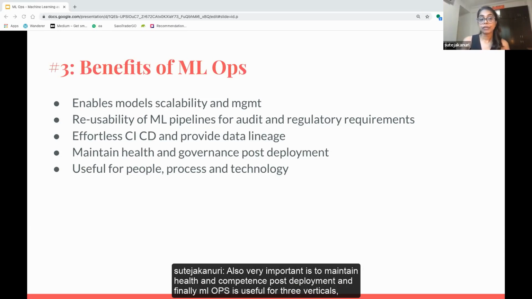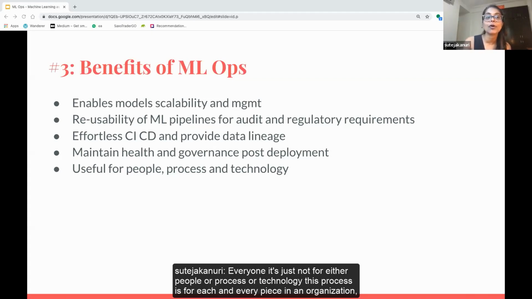Also very important is to maintain health and governance post deployment. And finally, MLOps is useful for three verticals, which are the people, the process, and technology. It's not just for either people or process or technology. This process is for each and every piece in an organization.